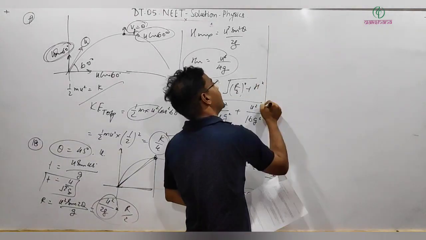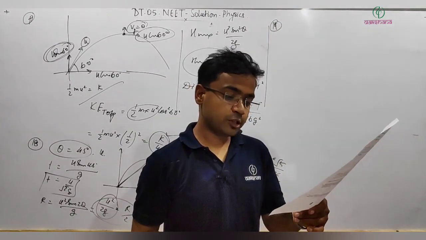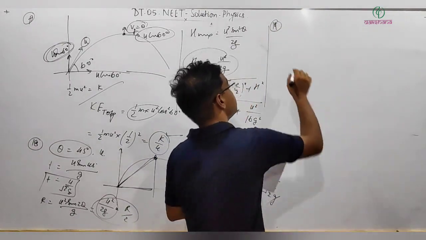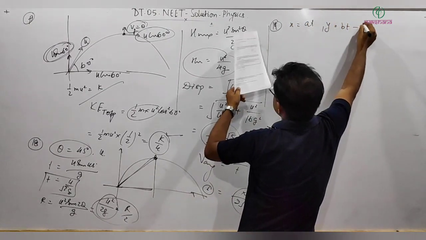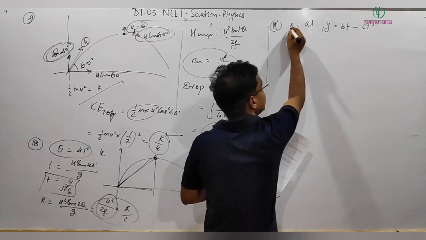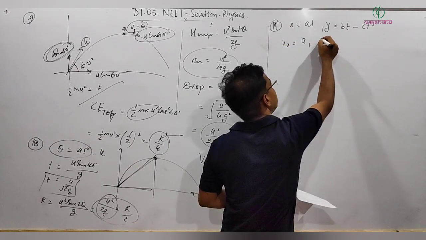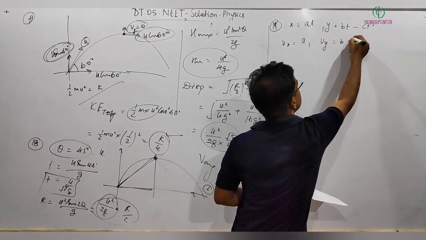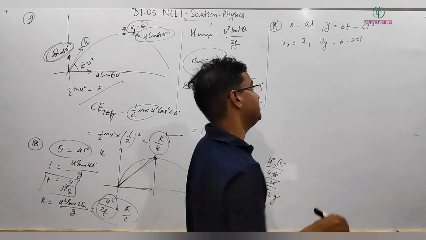Next, question number 19. The horizontal and vertical displacement of the projectile are given as x is equal to at and y is equal to bt minus ct square. So differentiation of this will give you ux, that is equal to a, and vy will be b minus 2ct, but velocity along y direction at t is equal to 0 will be your uy.